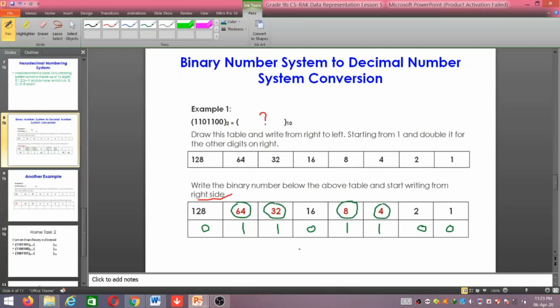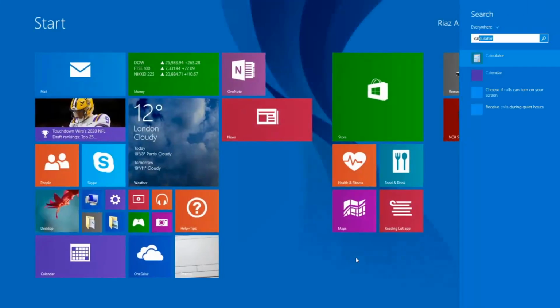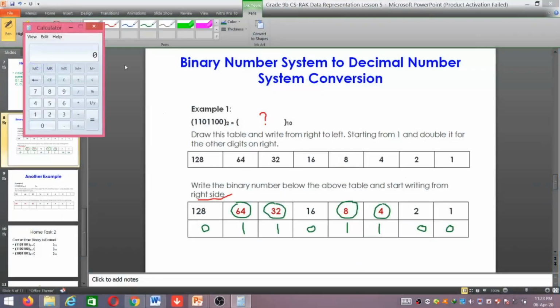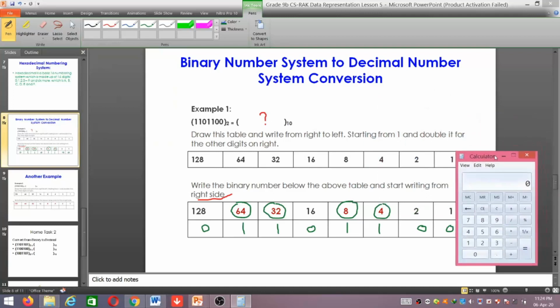So how you do it, if we take the calculator, I show you here how we add it. Let's see, just quickly adding on the calculator.